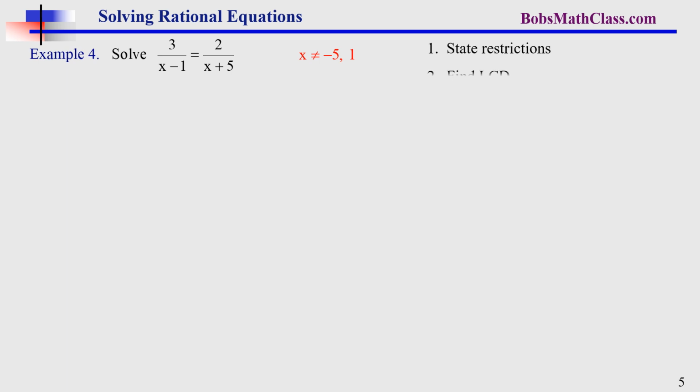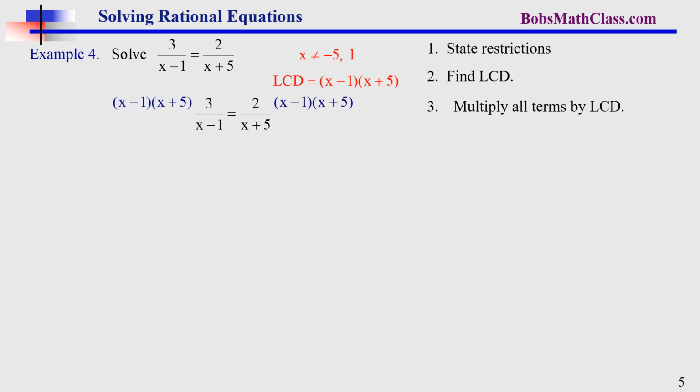Okay, second step. Find the LCD. Well, the LCD would be both denominators, x minus 1 and x plus 5. So we're going to multiply both terms by the LCD. So x minus 1, x plus 5 on the left, and x minus 1, x plus 5 on the right.